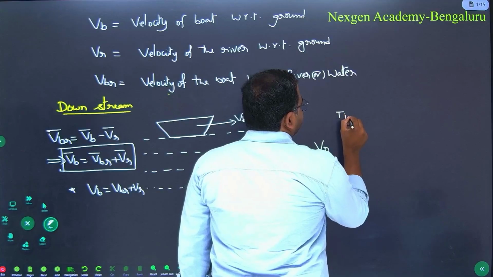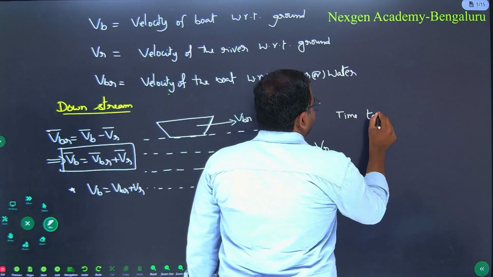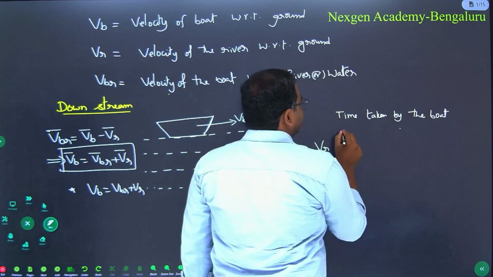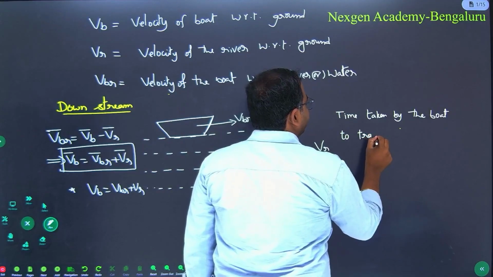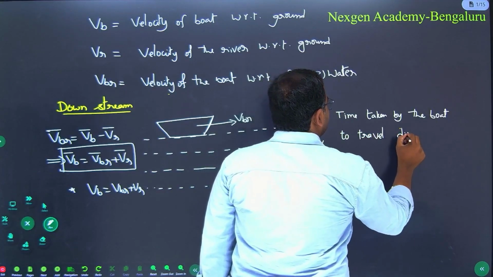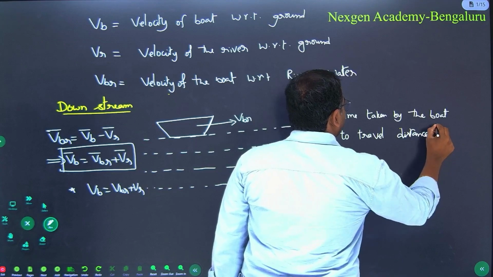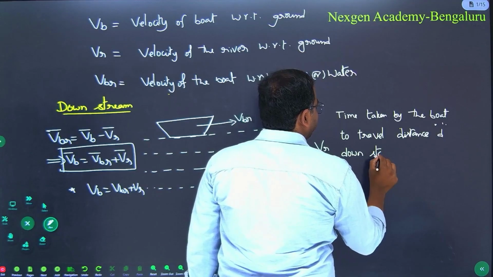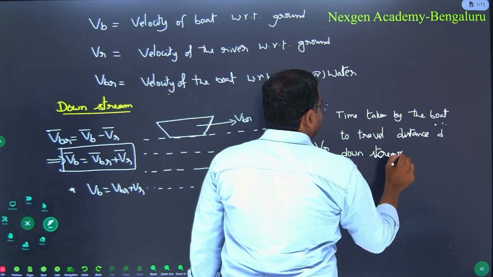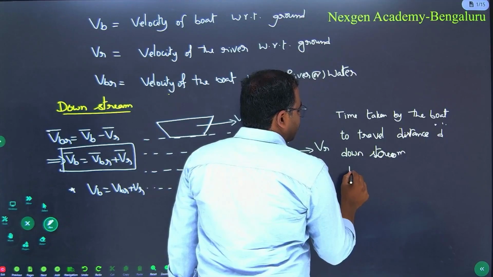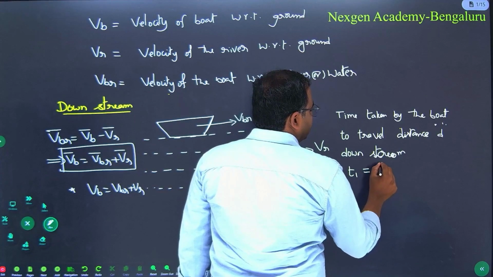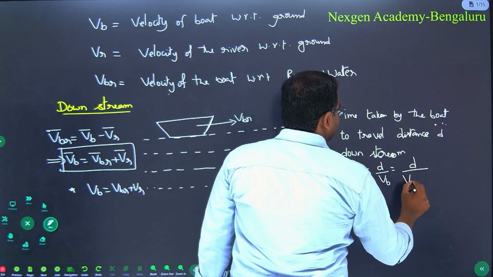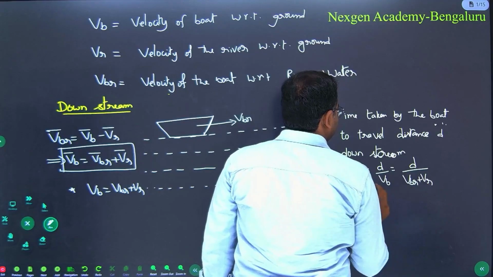Time taken by the boat to travel distance d downstream is equal to distance by velocity of the boat, which is distance by velocity of the boat with respect to river plus velocity of the river.